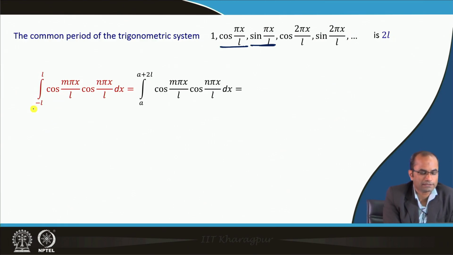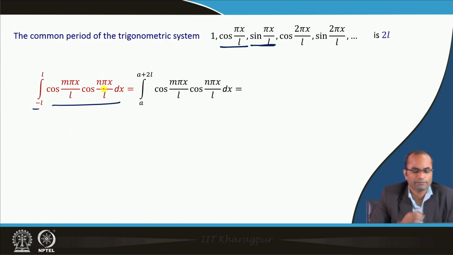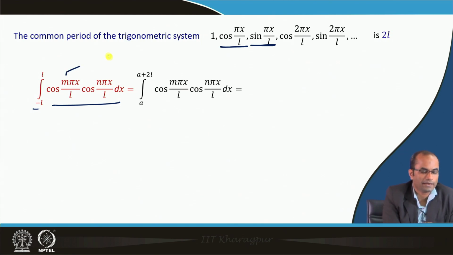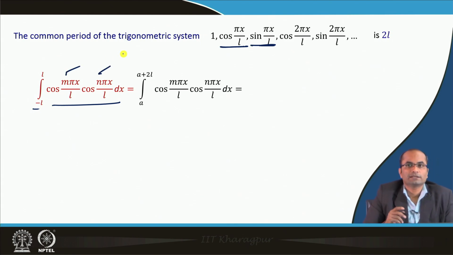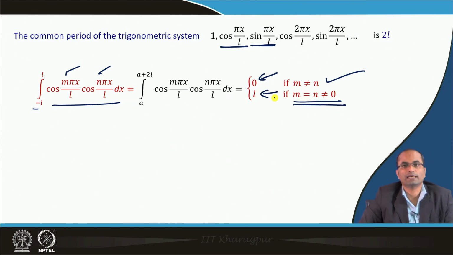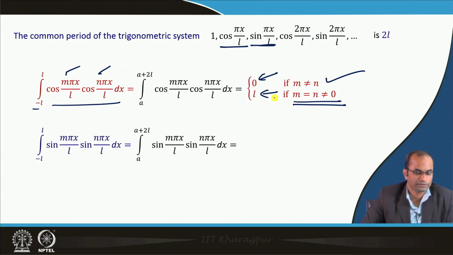If we integrate from minus l to l the product of cos m x and cos n x, for different m and n, the value will be 0, and if we have the same m and n, then the value will be l. Earlier it was pi. So, if m is not equal to n, the value is 0. They are orthogonal if they are two different members, but if they are the same member, then the value is l. This result can be proved.